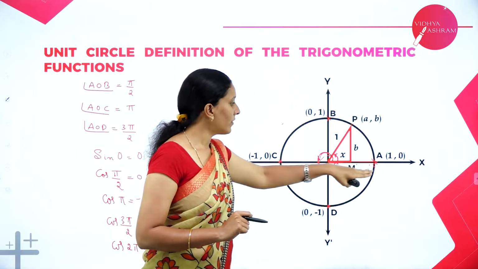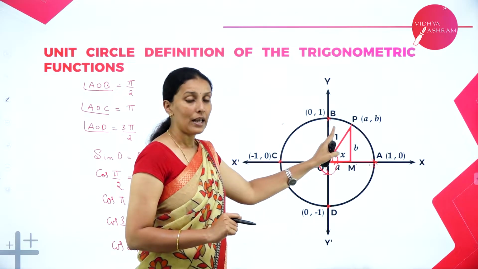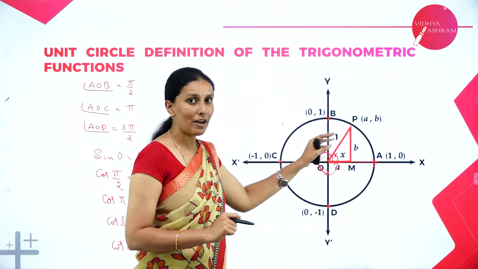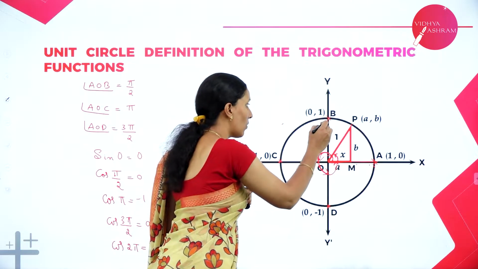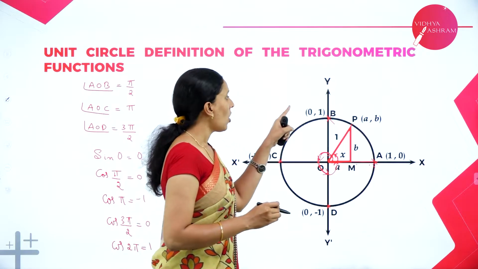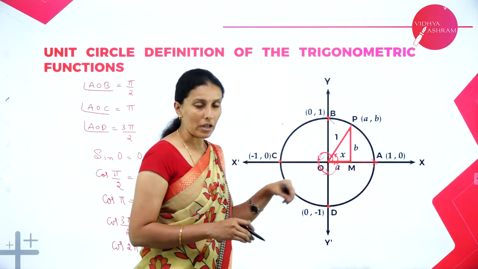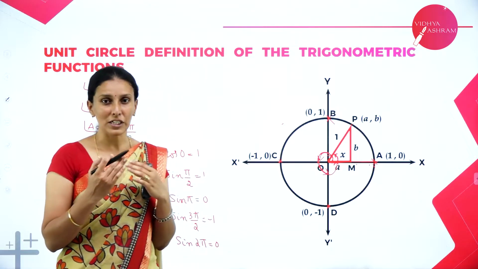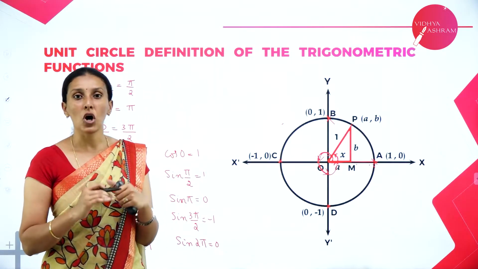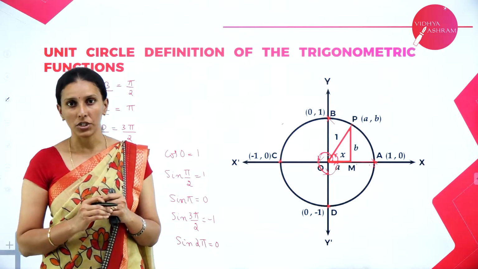If you add 90 to 360, then it is clearly 450. So where does the point 450 come? Here only. That's why cos 450 is 0, sin 450 is 1. Only the angle changes, but the value will repeat after certain intervals. Hence, we call all trigonometric functions periodic functions.